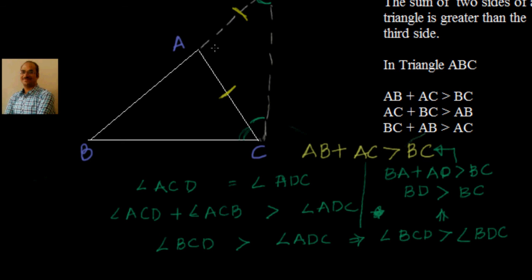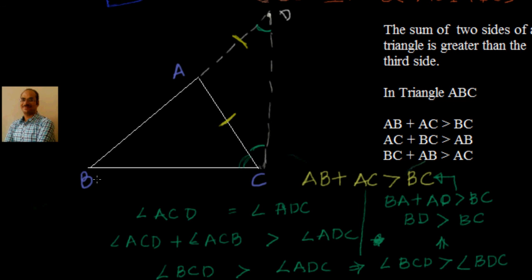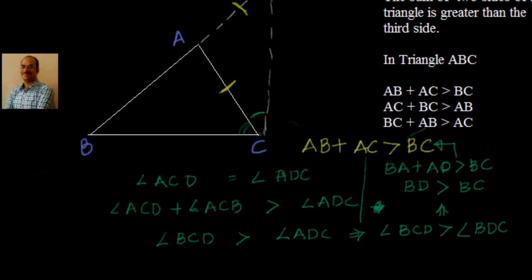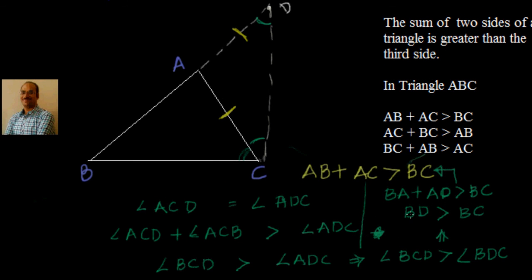I said that angle ACD plus angle ACB is nothing but equal to angle BCD, which is greater than angle ADC, but ADC is also equal to BDC. So that gave me BCD greater than BDC, but the opposite side of BCD is nothing but BD. BD is greater than BC, but BD is nothing but equal to BA plus AD. You know that AC equal to AD because that is the construction we have done. So that gives me AB or BA plus AC greater than BC.